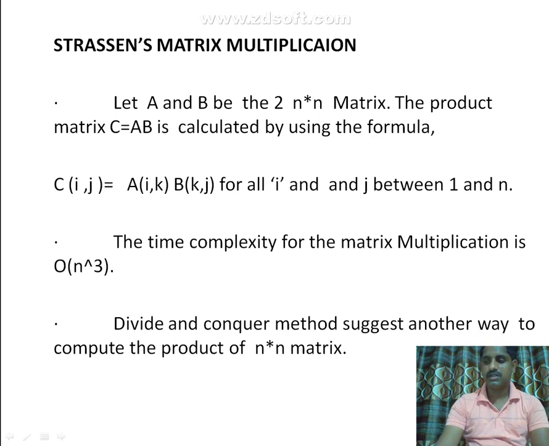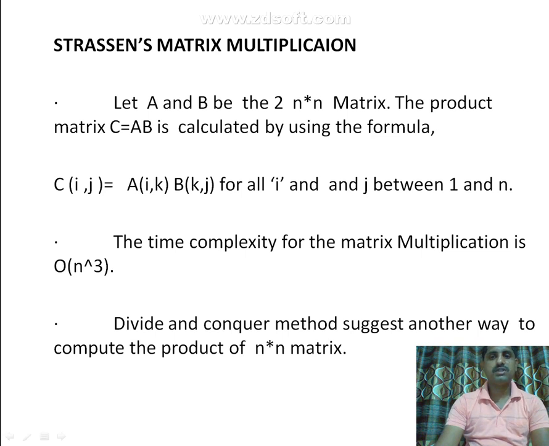C of i comma j equals the sum over k from 1 to n of A of i comma k times B of k comma j, for all i and j between 1 and n.